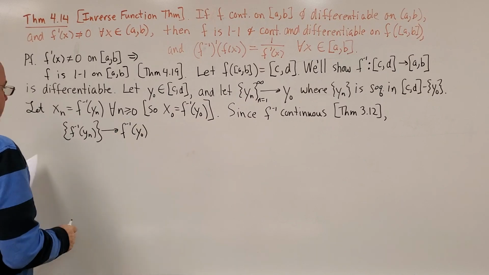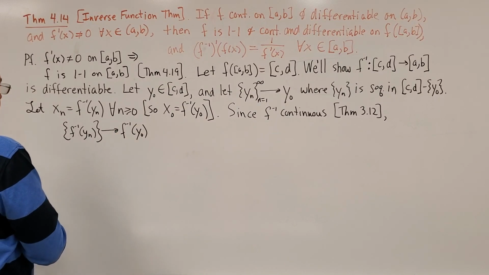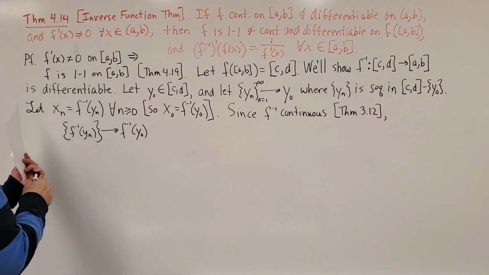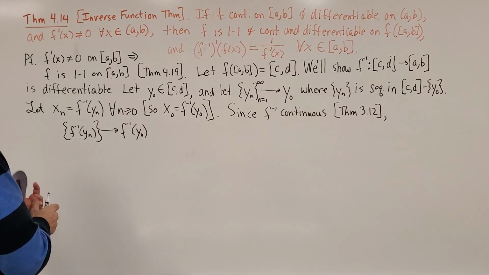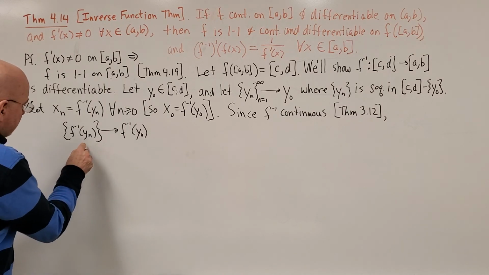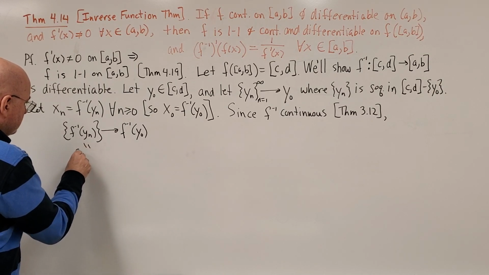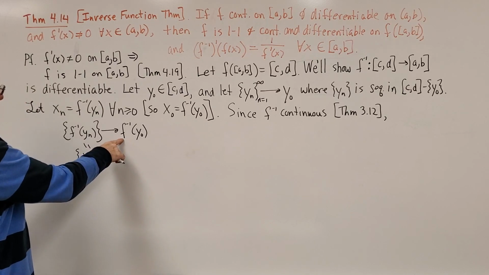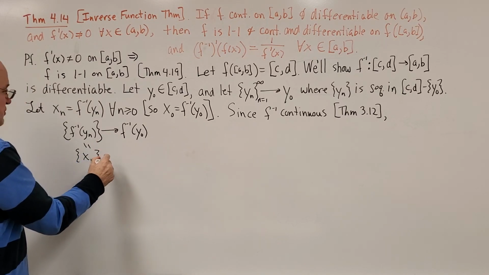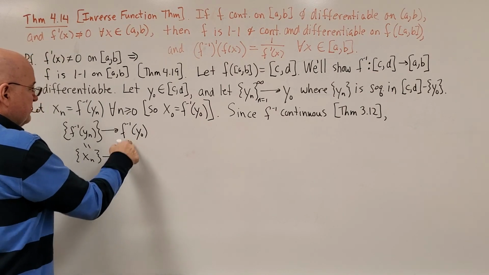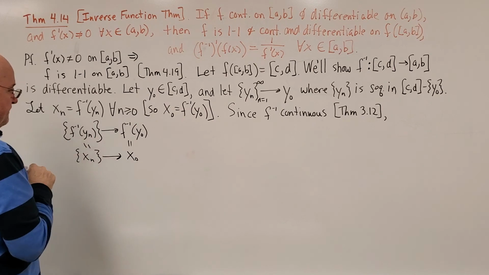Because f inverse is continuous, and because yn converges to y0, f inverse of yn will converge to f inverse of y0. But this is just xn. So therefore, xn converges to x0, since those two things are equal to each other.